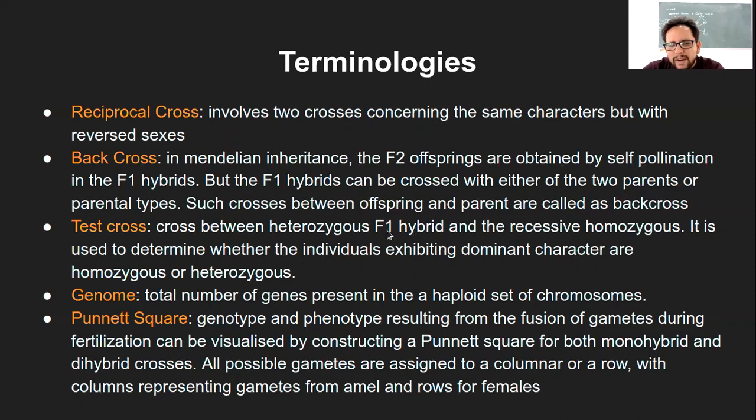That is, the F1 hybrid is capital T small t, and the recessive homozygous is small t small t, where both alleles are the same and recessive. It is used to determine whether the individual exhibiting the dominant character is homozygous or heterozygous. So this is specifically done to test whether the traits of the parent, when you are not aware of them, are homozygous or heterozygous.